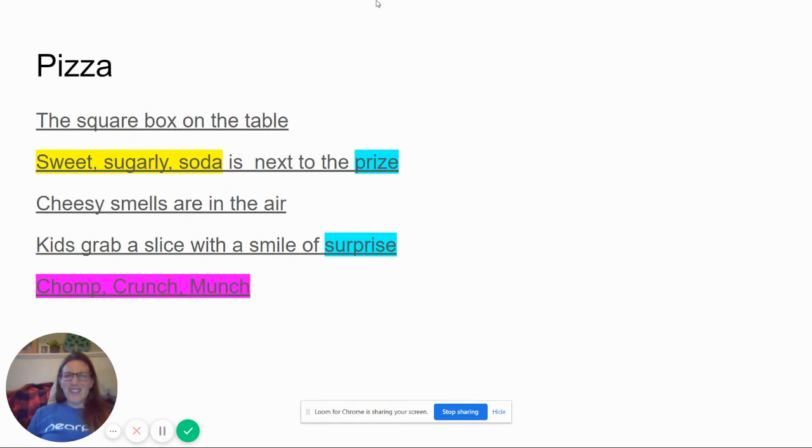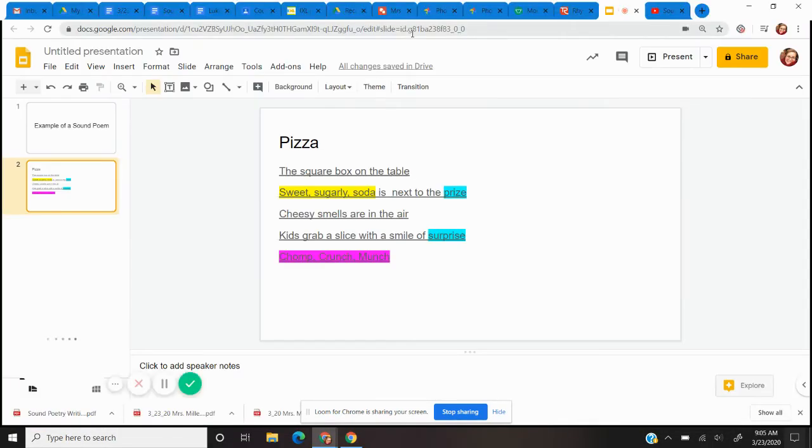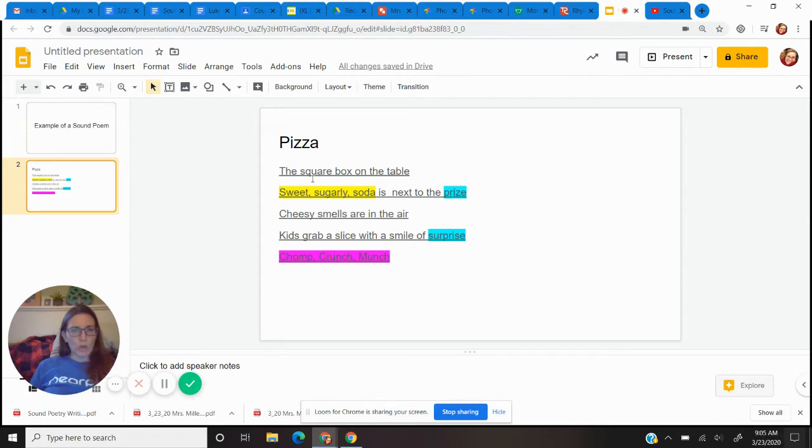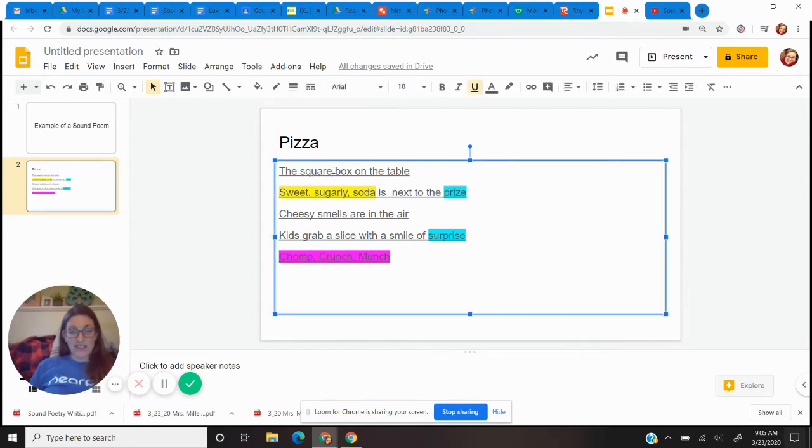But I'm just not feeling some of the words here, so I'm going to show you what it's like to take my ideas and add some examples or more descriptive words or ways that I can change just some of the words that my brain first picked, so I can describe more. So I'm going to take my first sentence, and I'm going to take away the square box.